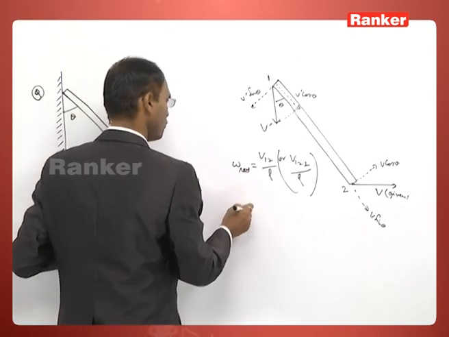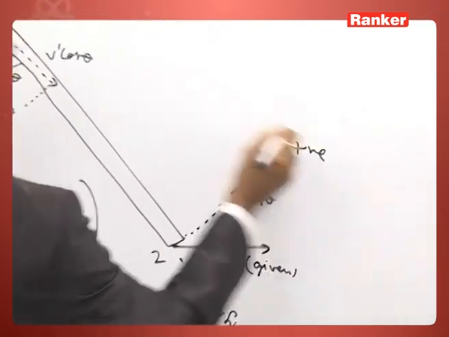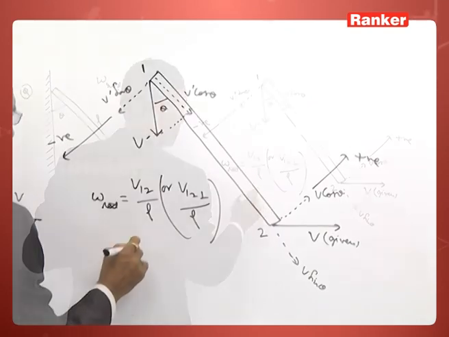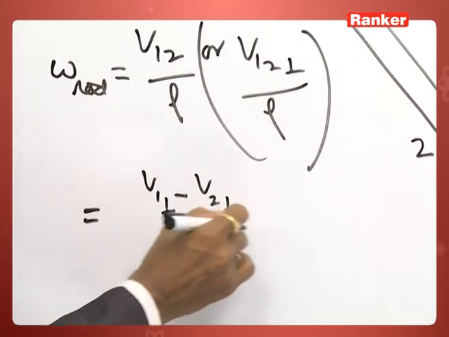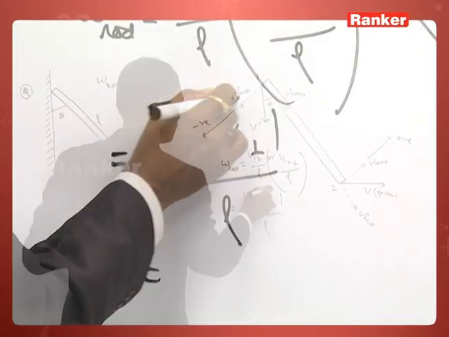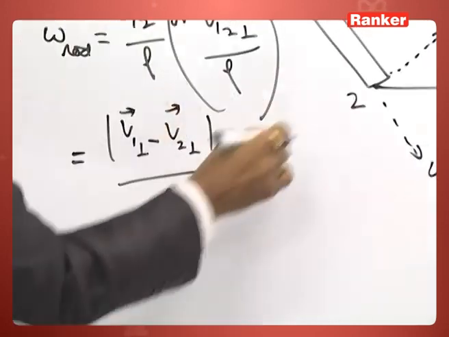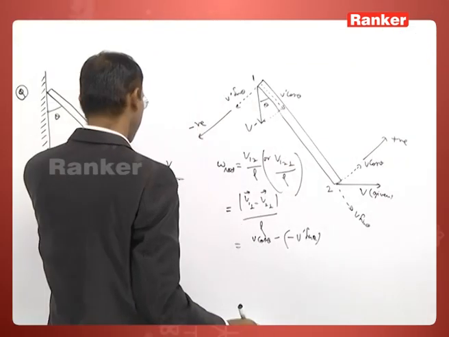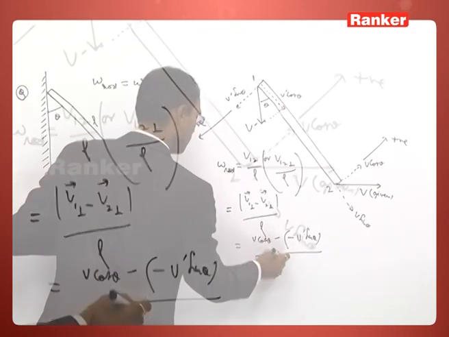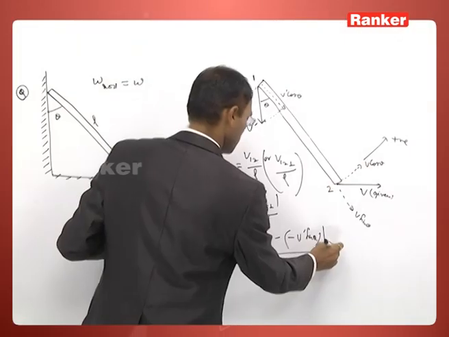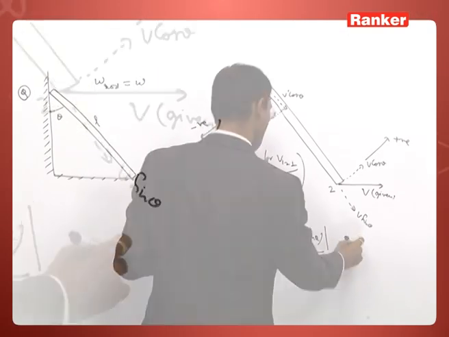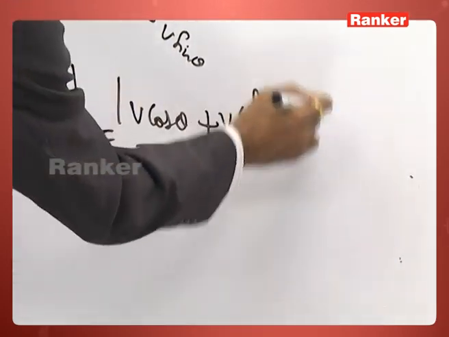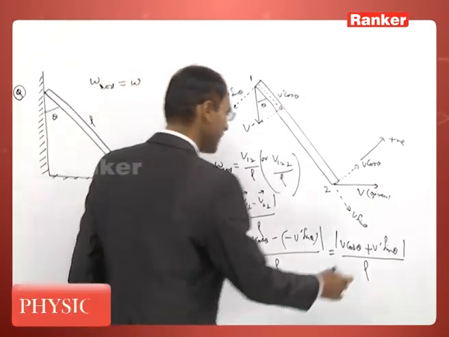So v12 will be equal to, if we take this positive direction, this will be negative direction, v1 perpendicular minus v2 perpendicular by L. v1 perpendicular is v cos theta and v2 perpendicular is minus v dash sin theta, by L. This is equal to v cos theta plus v dash sin theta, by L. But we do not know v dash.